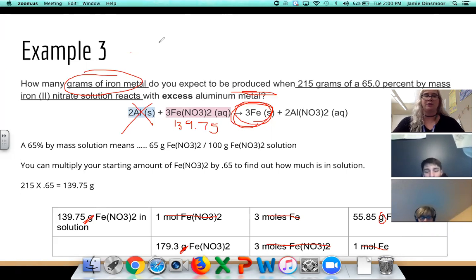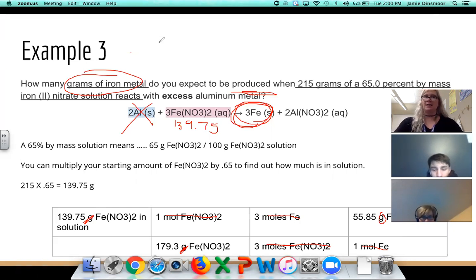So I'm going to do mine a little bit differently this time. Let's see. 139.75 times 3 times 55.85 divided by 179.3 divided by 3.